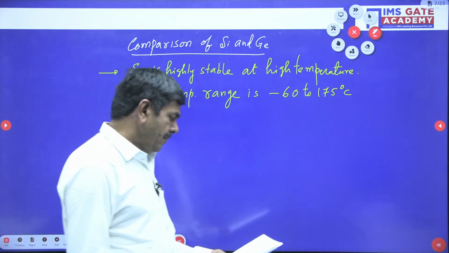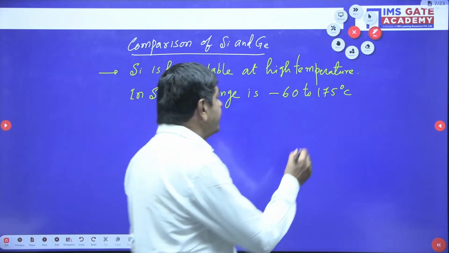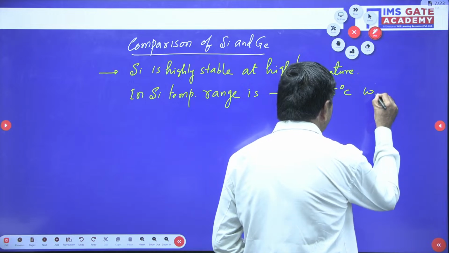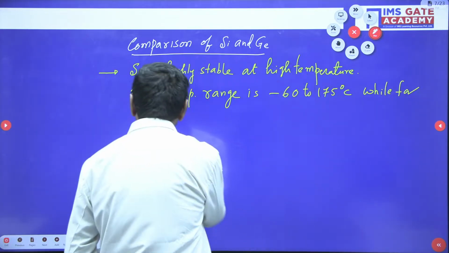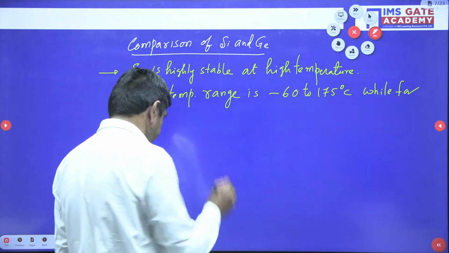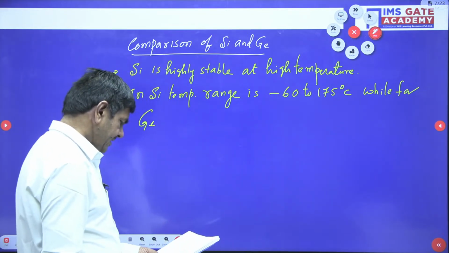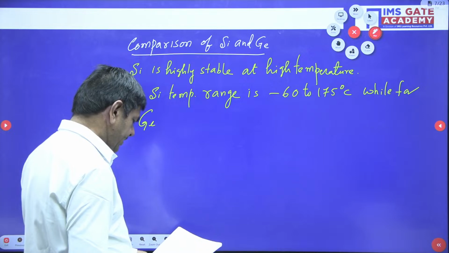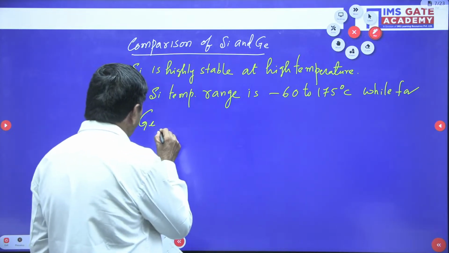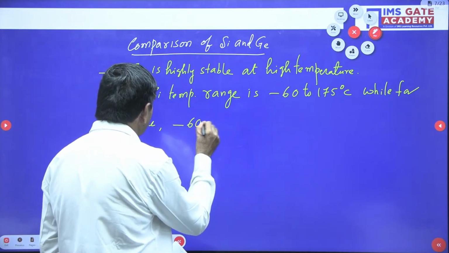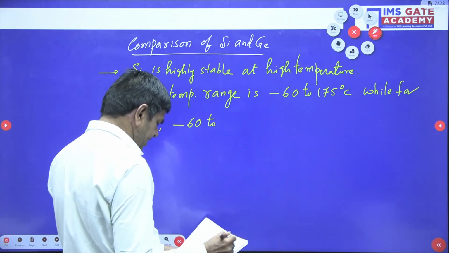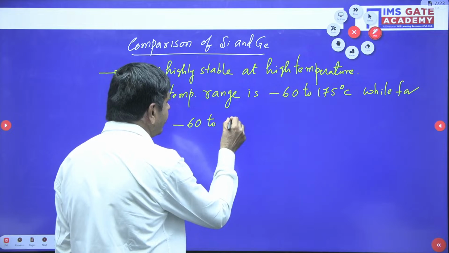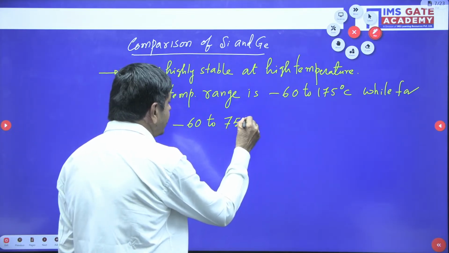But for germanium, the range is minus 60 to 75 degrees centigrade only.